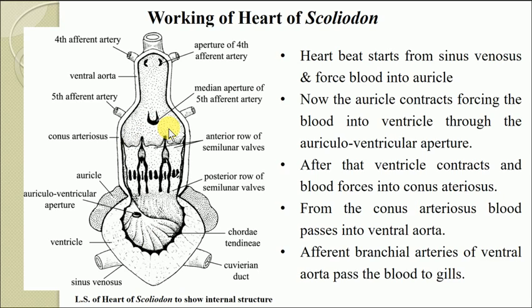Now from the conus arteriosus, blood again passes in the forward direction towards the ventral aorta. So this is the ventral aorta, which is located at the anterior most part of the pericardial cavity. Once the blood from the conus arteriosus enters the ventral aorta, the ventral aorta supplies different afferent branchial arteries, and these afferent branchial arteries pass the deoxygenated blood coming from the heart towards the gills for the purpose of oxygenation.